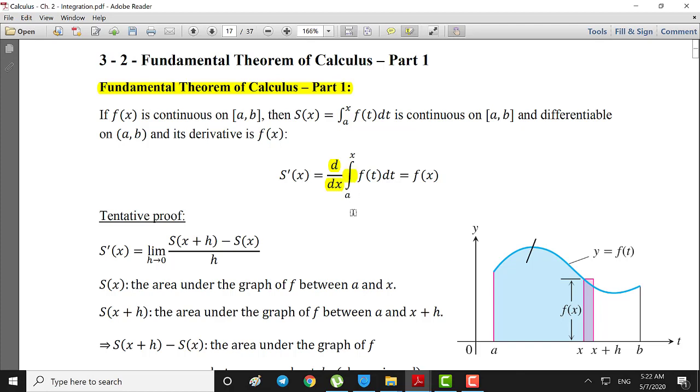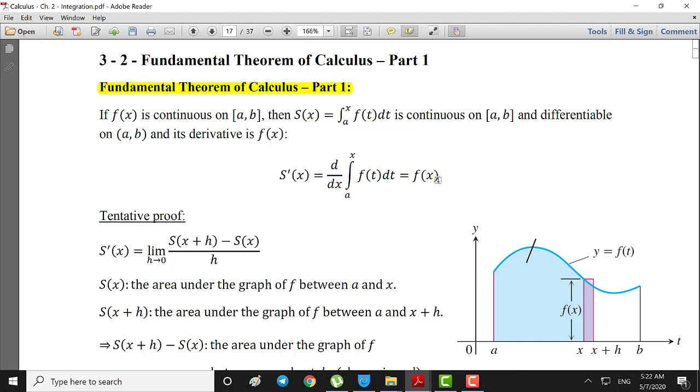So you see that the derivative of the integration becomes the integrand, right? But you have to be very careful when you want to say this.